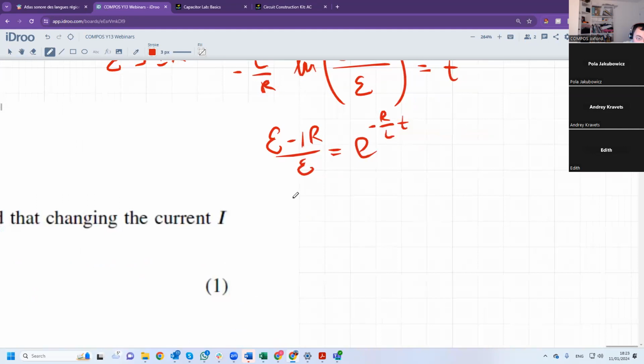And EMF minus IR equals EMF e to the power minus R over L t.